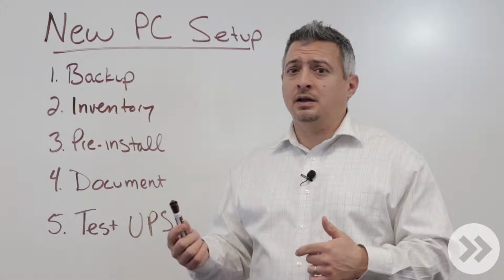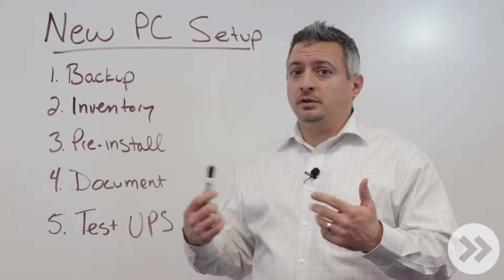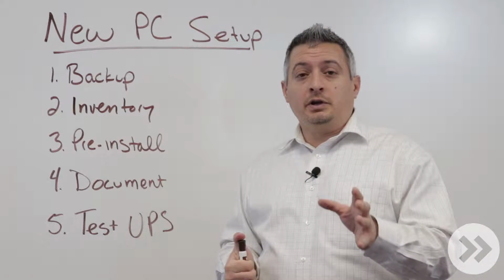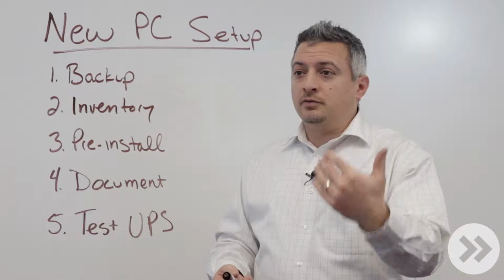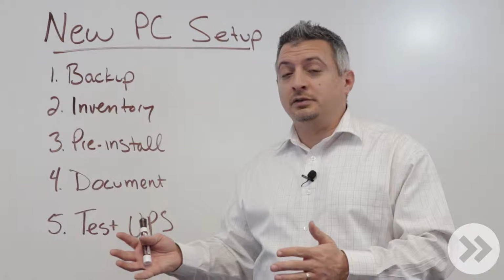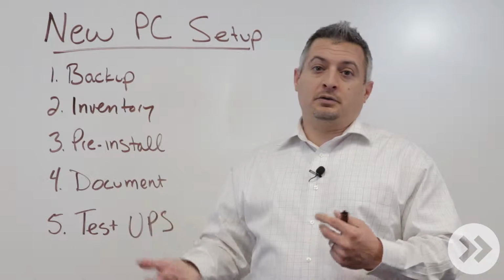You also want to make an inventory of the possible connections to the existing peripherals. A lot of times, especially now with the transition in video connections, a monitor might have a VGA connection or a DVI connection, but the new computer isn't going to have those. They're going to have a DisplayPort connection. So you might need a DisplayPort adapter.